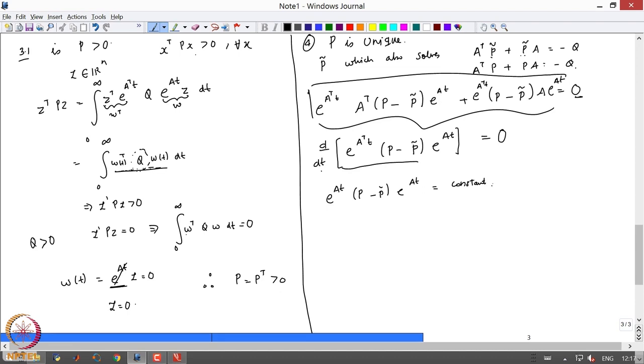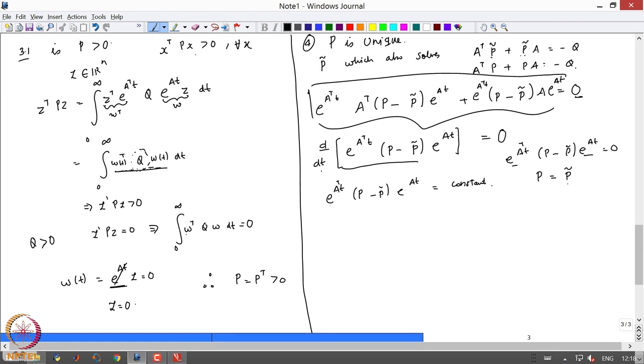Now if I show that this constant is 0, then things will be easier for me, because then P will turn out to be P tilde, that is, the other guy who comes and claims to be a solution is actually the solution itself. That is because e power A t is always invertible, right.